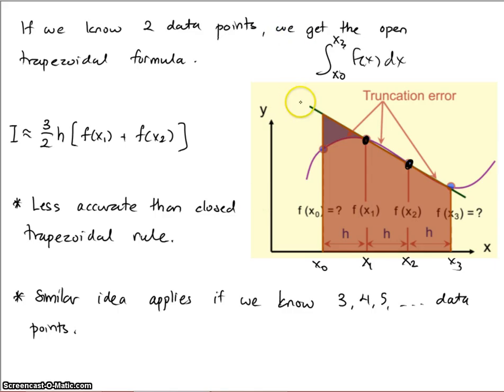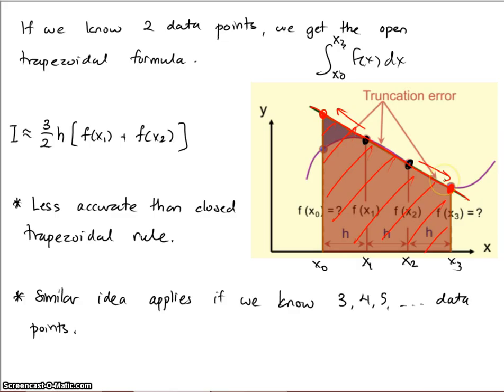Because you have 2 points, you can draw a straight line to connect these 2 points, and then you extend this line to x0 to find out what this point is, and you extend to x3 to find out what this point is, and you calculate the area under this shape over here. Essentially we are extrapolating linearly to the left and to the right, and then calculating the area under this straight line.